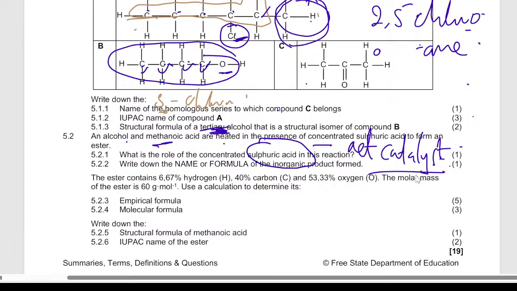Then write down the name and the formula of the organic product formed. When you talk about organic product, you're forming an ester. But now we have to write it down.